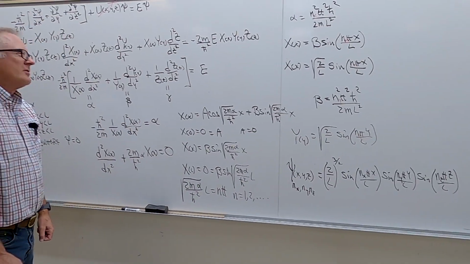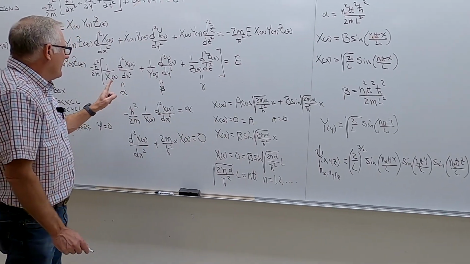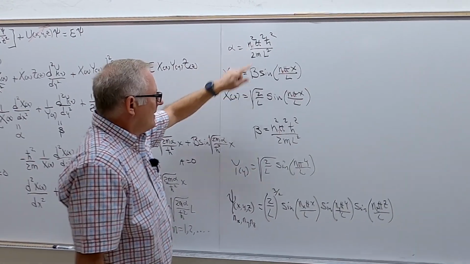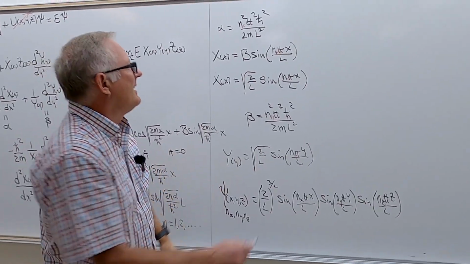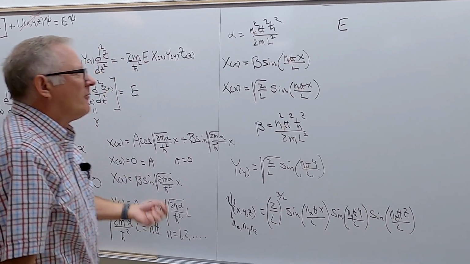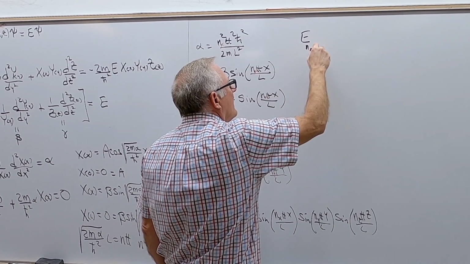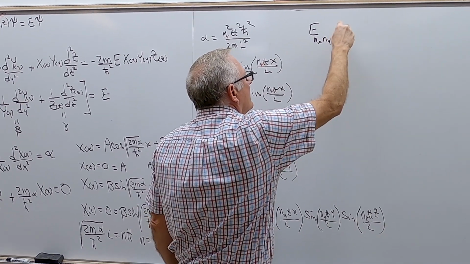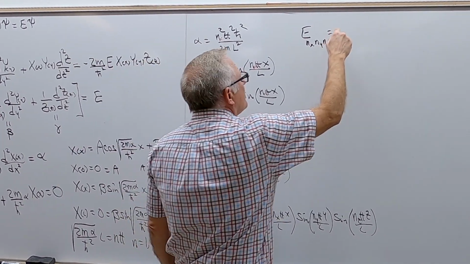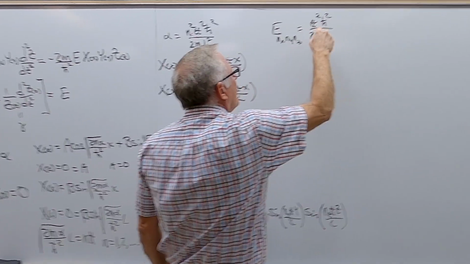Those would be the eigenfunctions, and then the eigenenergy, the total energy, is just going to be alpha plus beta plus gamma. So it's just going to be this plus the one with the z. So my energy, which is again a function of the 3 quantum numbers, nx, ny, and nz, I can factor out everything that's the same, pi squared h bar squared over 2mL squared.